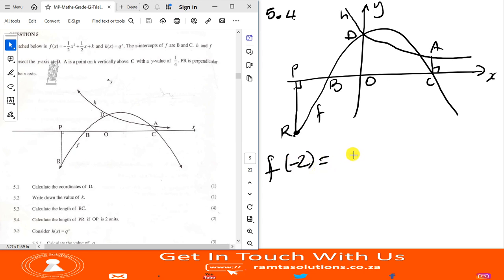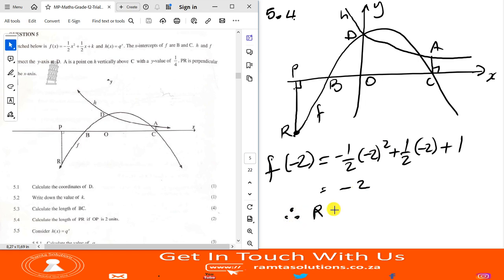F of -2 will be -half into -2 squared plus half into -2 plus, I think we said k was 1. Our answer will be -2 plus -2 minus 1 minus 1. I think our answer should be -2. Yes, our answer is -2.